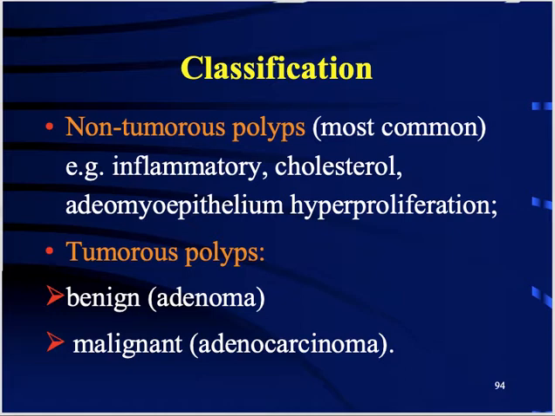Now, the important thing to understand over here is what can be the clinical features of, for example, benign masses of the gallbladder. Okay, so of course, the things will remain the same.